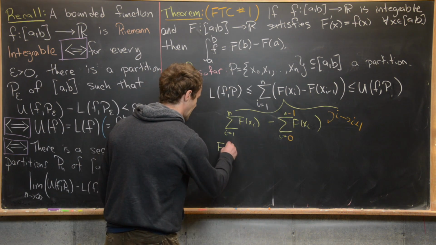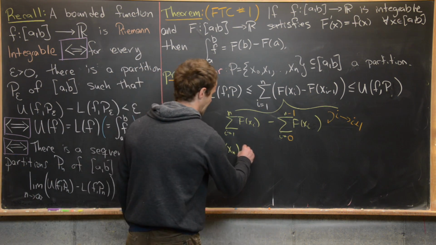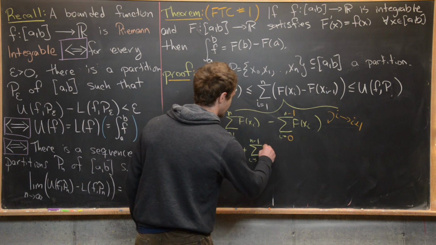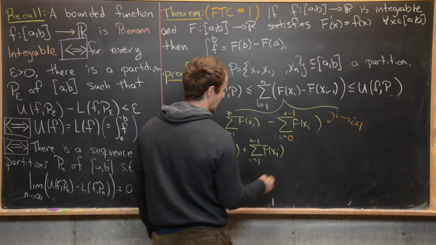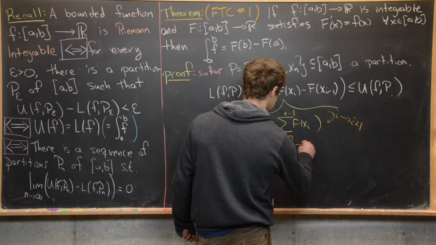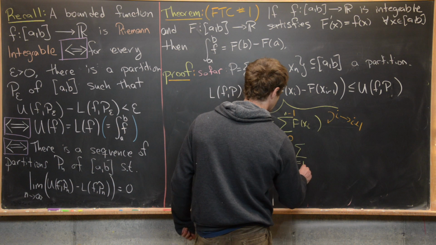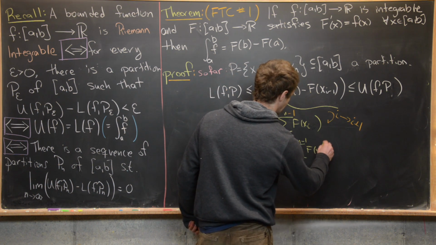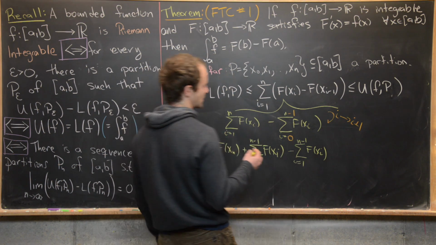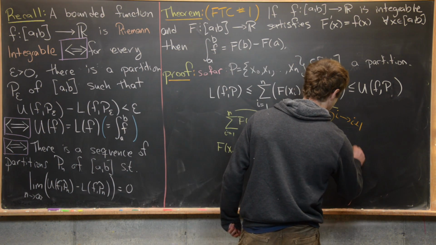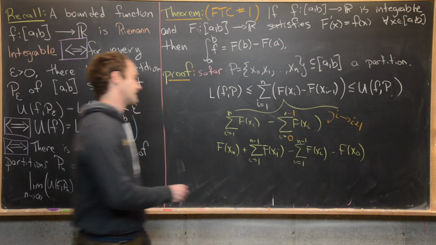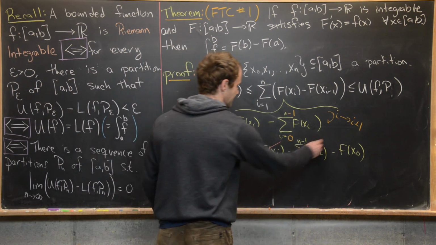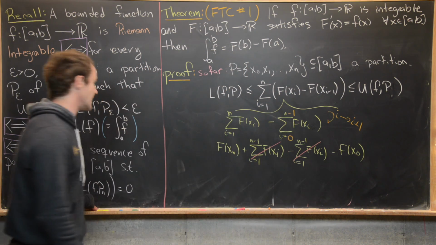That's going to be F of x_n, plus the sum as i goes from 1 to n minus 1 of F of x_i, minus this sum as i goes from 1 to n minus 1 of F of x_i. And now we pull out the first term from the second sum, so that's minus F of x_0, like that. Now we see that this sum and this sum are exactly the same.